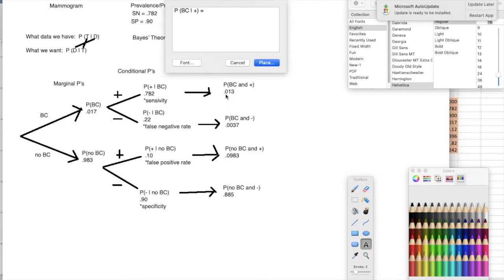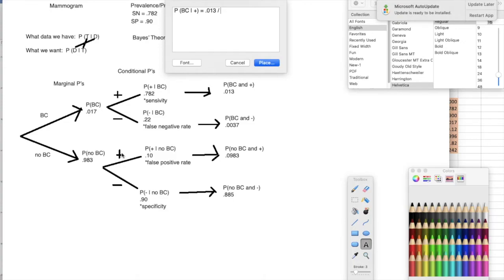We calculated that, 0.013, divided by the probability of positive test results. So we're interested in every branch that has a positive test result. We have two of them. Positive, positive.